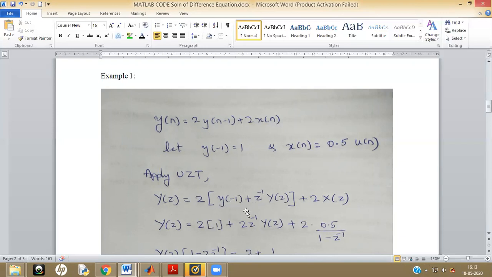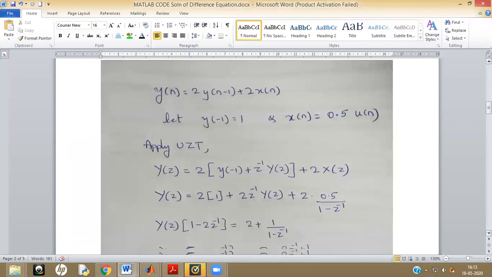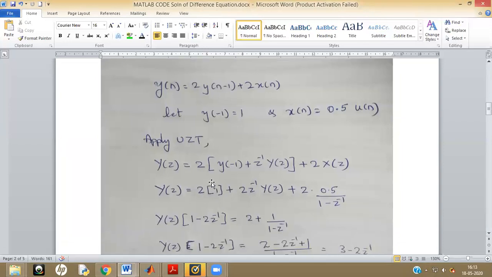So I have just tried to substitute various values and then simplify this. So you will get a constant here and then 2 times z inverse Y of z. This term and this term are having Y of z, so you can take that to the left hand side. On the right hand side you will be left with 2 plus 2 and a half is 1.